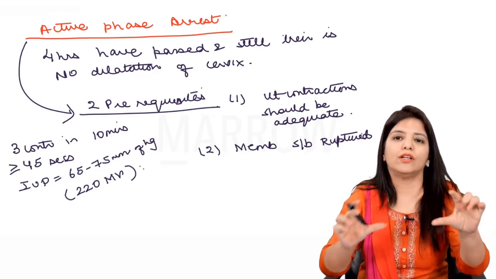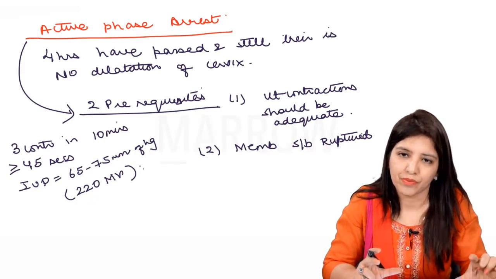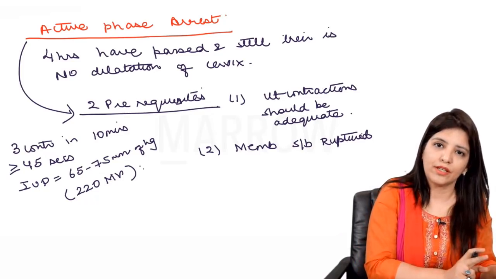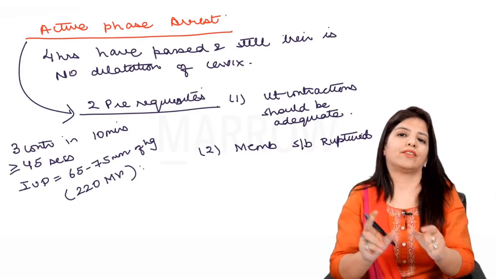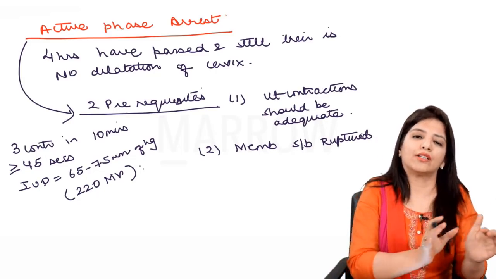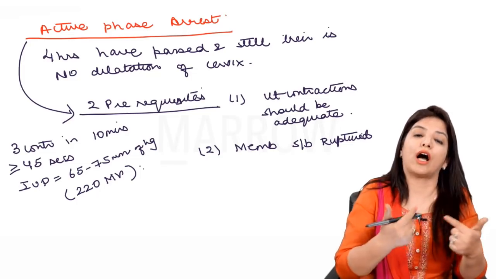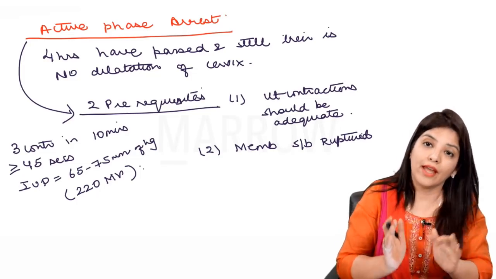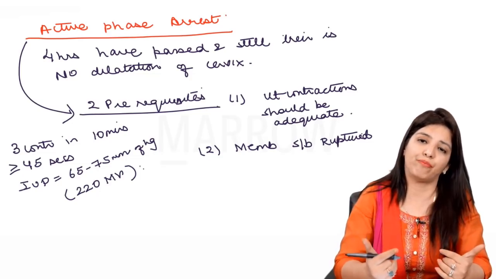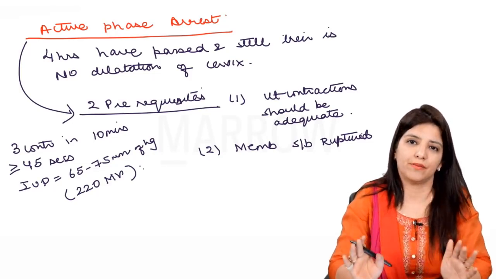So in total, I am waiting for 6 hours. I am repeating. If contractions are adequate, then you say that arrest of active phase is when 4 hours have passed. If contractions are not adequate and you started oxytocin, then the diagnosis of arrest is made after 6 hours have passed and still the patient has not dilated.